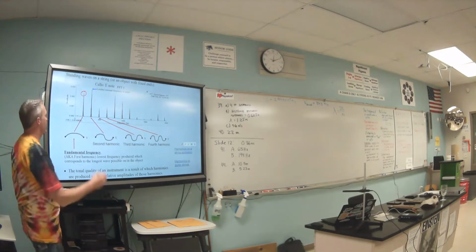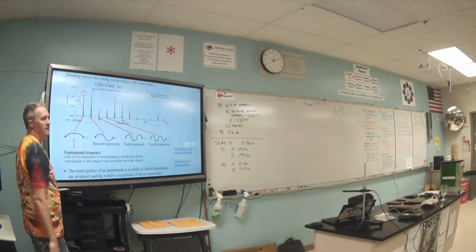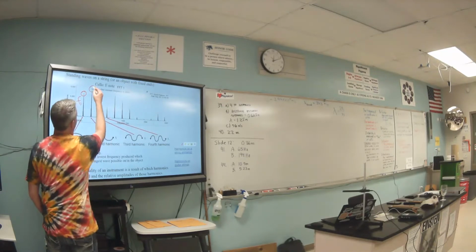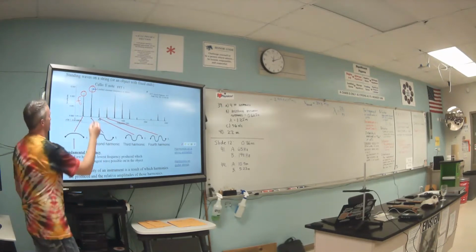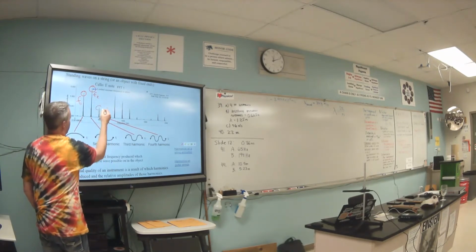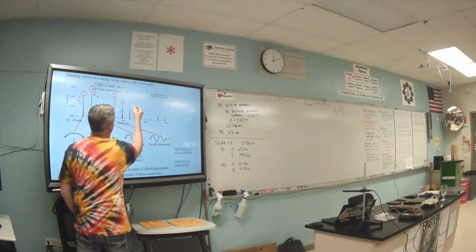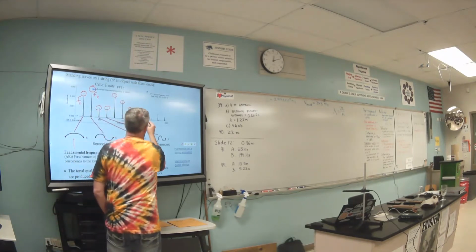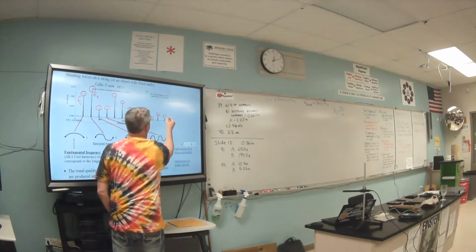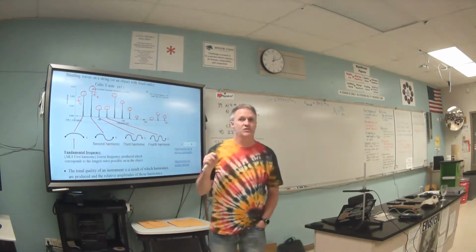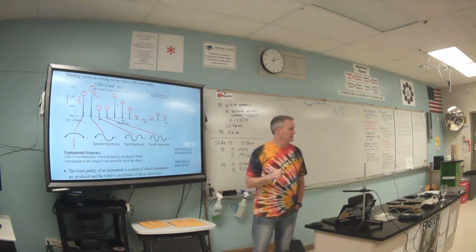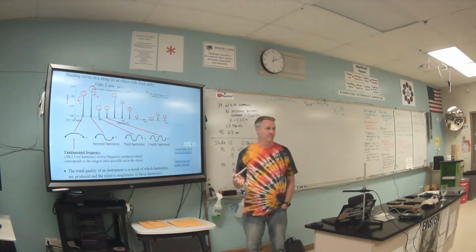That's the fundamental frequency, F1. The second frequency happens to be the loudest in this one. That's F2. And then there's F3, F4, F5, F6, F7, F8, and a little F9, F10, F11, F12. A cello can actually have 12 resonant frequencies all playing at the same time.